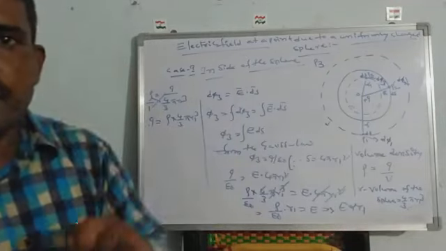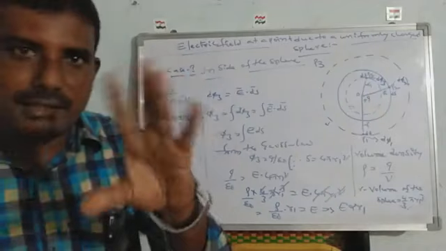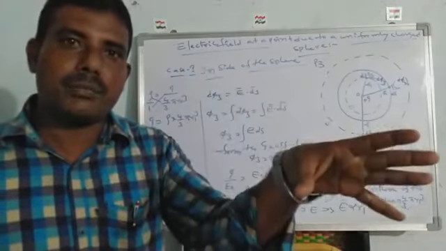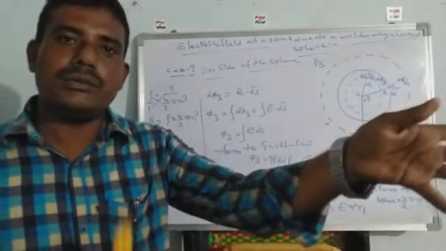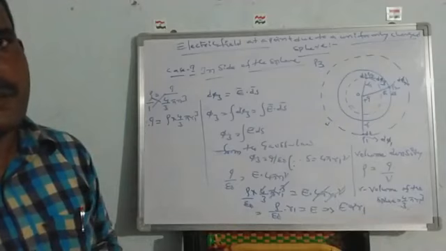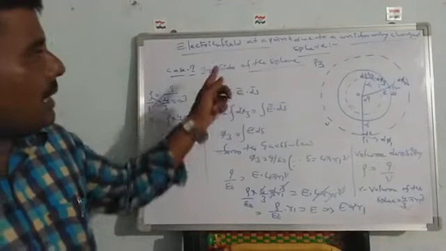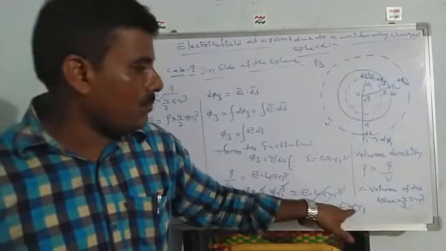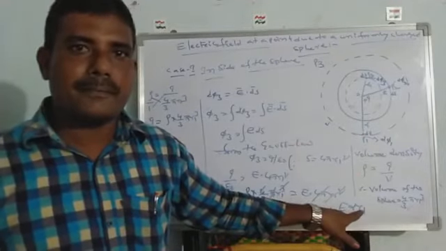With the variation of distance, the field strength increases up to a particular point, reaches a maximum value, and after that decreases. The second case remains constant, and the third case is proportional to distance.